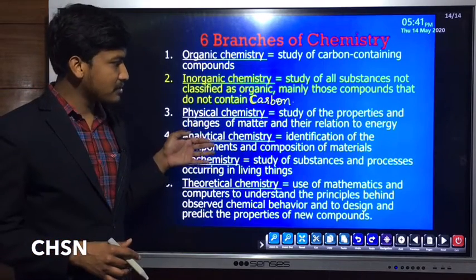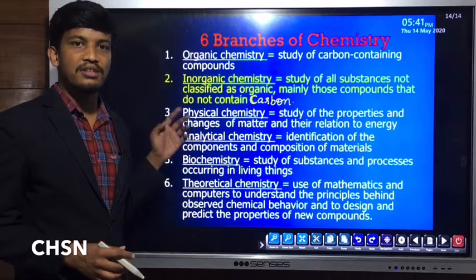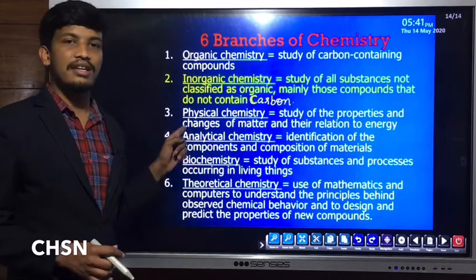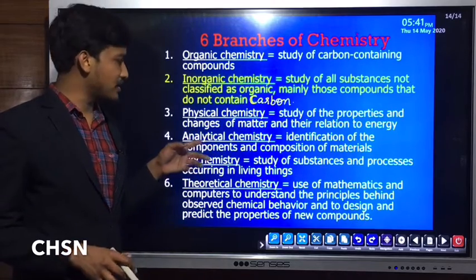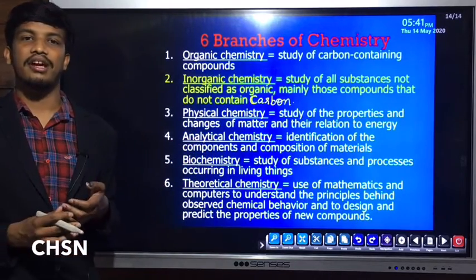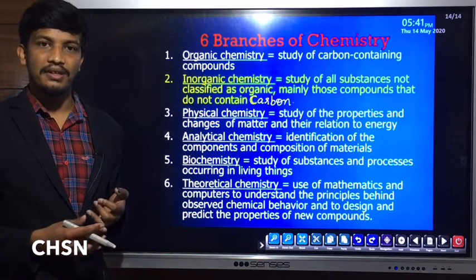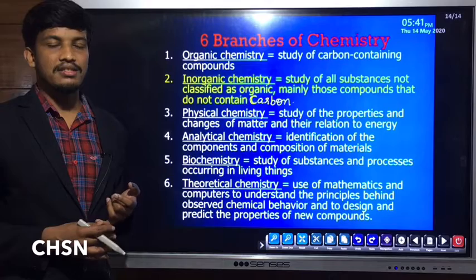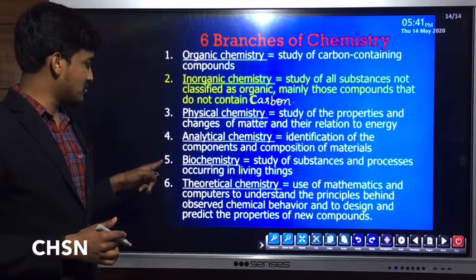It involves the study of methods and instruments to identify and separate the components of a mixture. So using analytical chemistry we can understand the composition of matter by identification and separation of the compounds. This is called analytical chemistry.